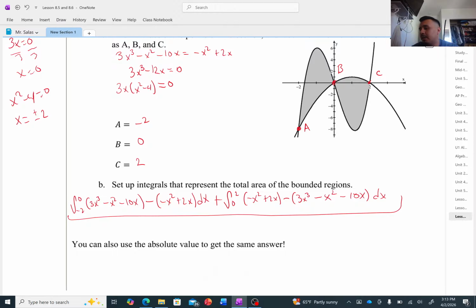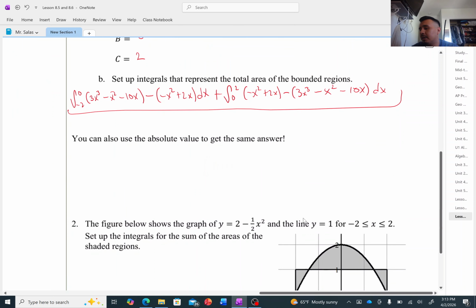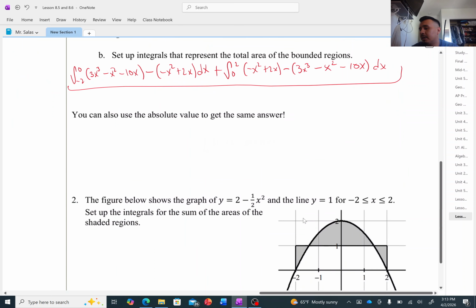Now, you're probably wondering, Mister, can we do something easier? Well, yes, we can. We can do the absolute value. Remember that problem that we did with the tank that was getting filled? And Alan was like, what's the difference between the velocity and the absolute velocity?